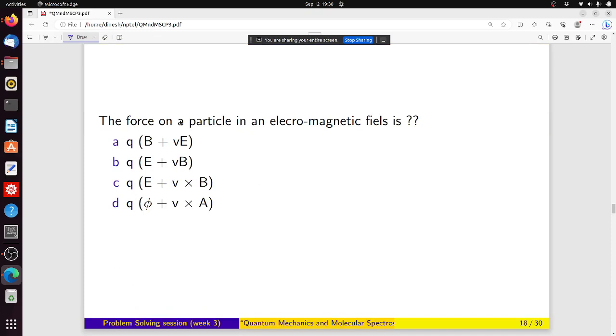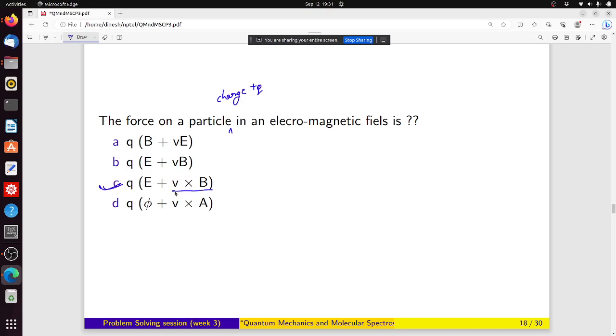Okay, now this one, force on a particle of charge q in an electromagnetic field. Sir, option A, option B. No, sir, option C. Yeah, maybe C. While teaching, sir did some printing mistake.